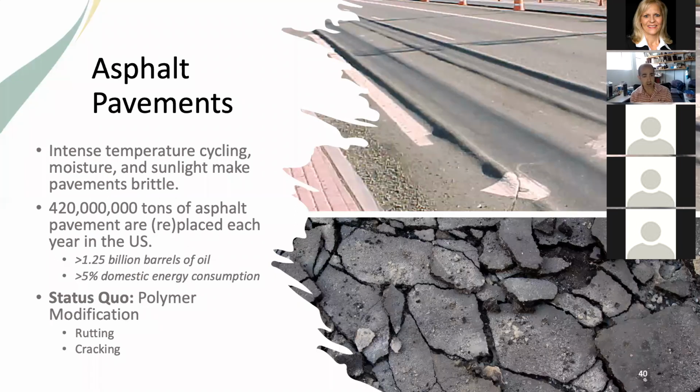So energy-wise, that accounts for over 1 billion barrels of oil in terms of raw materials, aggregate procurement, and construction uses. And if all of that construction was using 100% virgin materials, that amount of energy is staggering, accounting for over 5% of our domestic energy consumption.